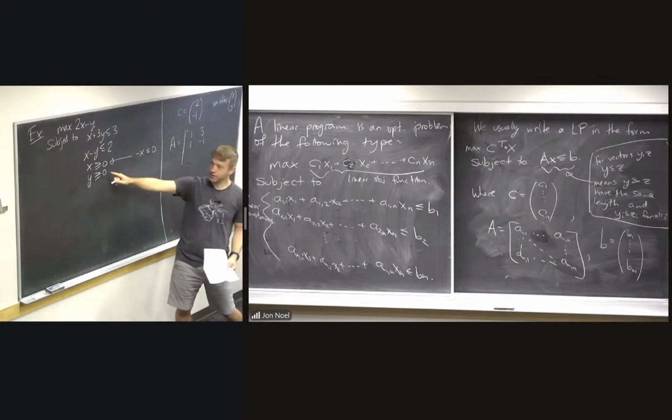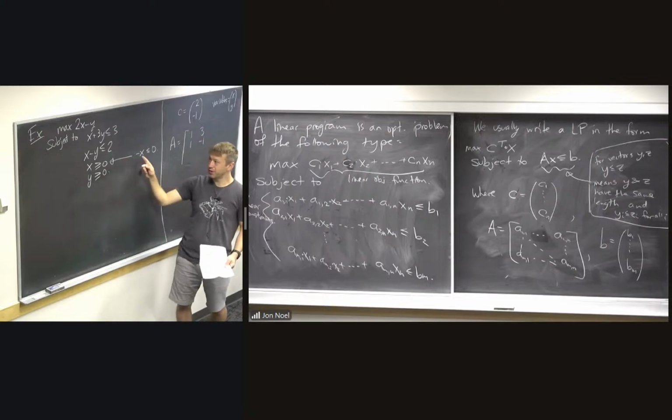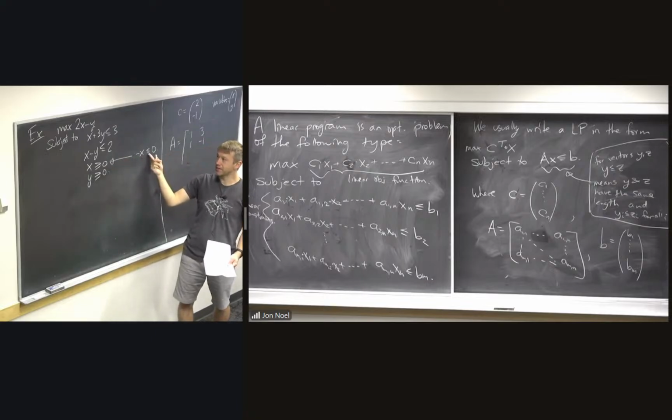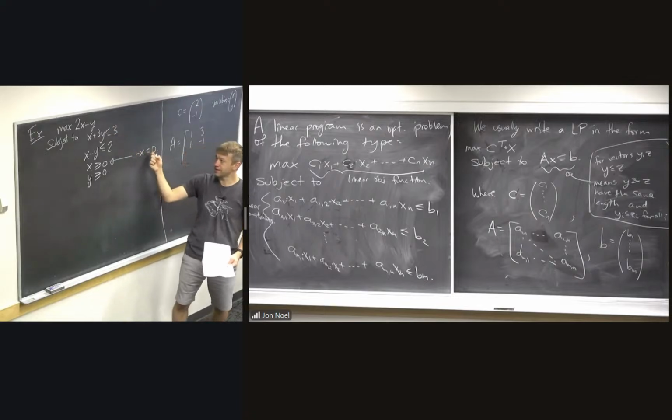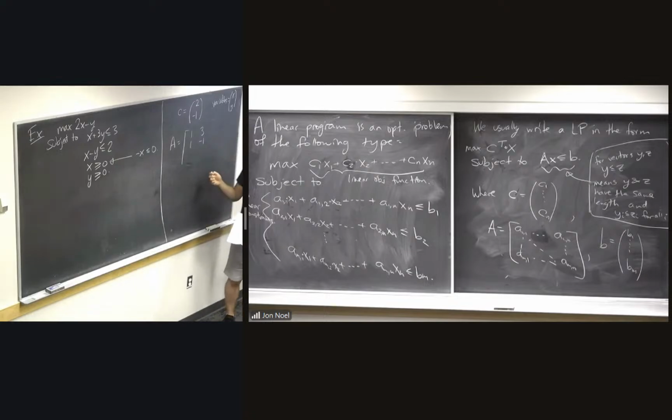My third constraint, I need to be careful because I have to be consistent, right? If I'm doing less than or equal to signs, I need to do that for every row. Otherwise, it's going to be wrong, right? So this one should be -1, 0, and 0, -1.